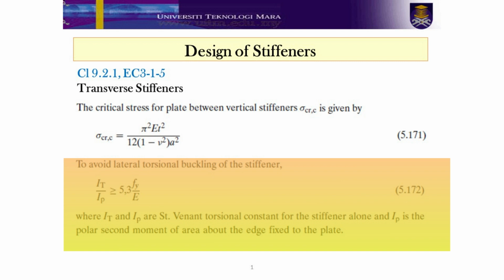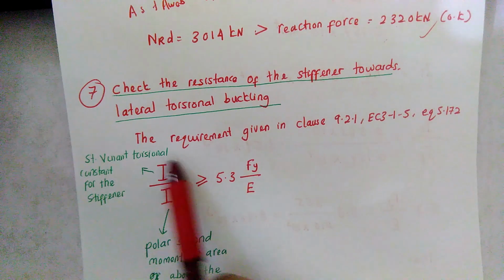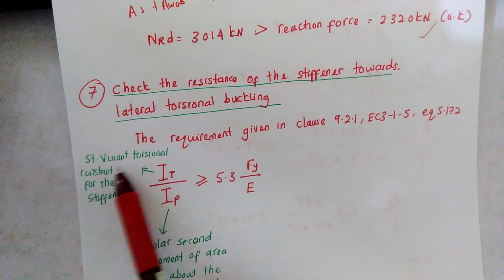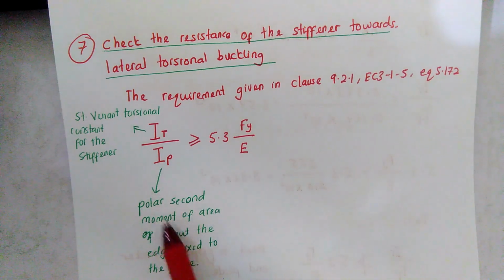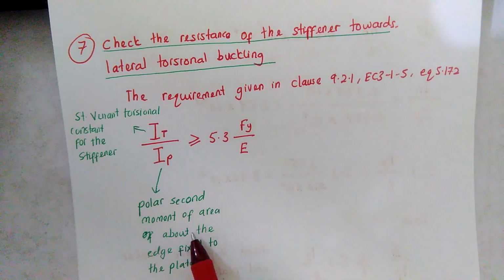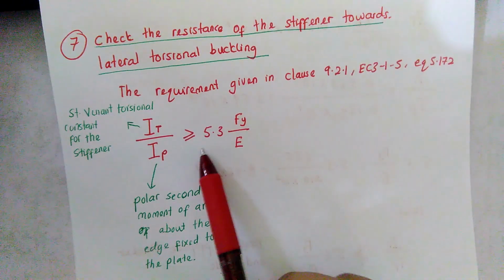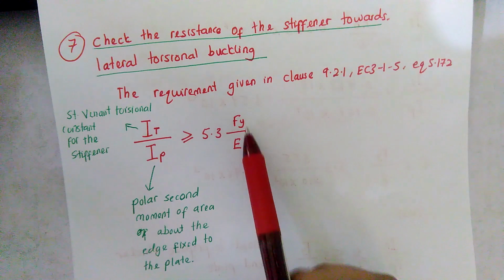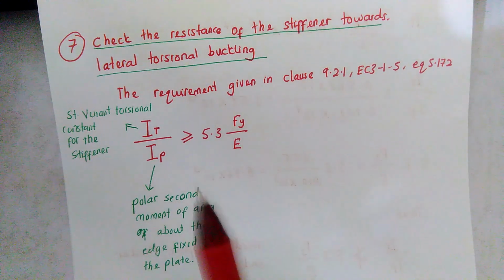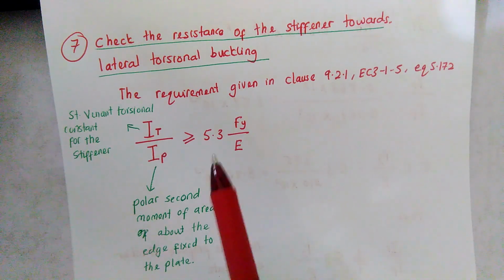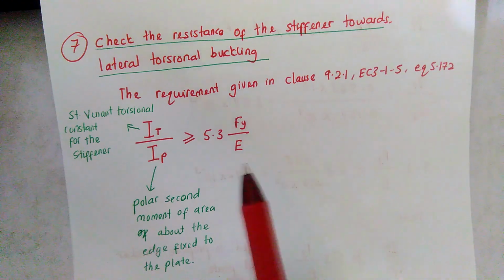In these equations, you will find the Saint Venant torsional constant for the stiffener, and the polar second moment of area about the edge fixed to the plate, and it has to be larger than 5.3 Fy over E. If this is satisfied, then your plate girder will not be susceptible to lateral torsional buckling.